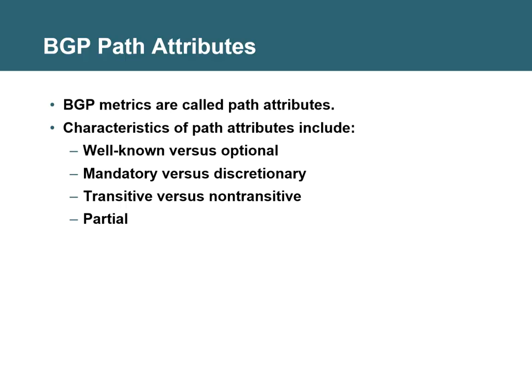Non-transitive: not distributed. So attributes come under these different categories. Some come under optional non-transitive, some under optional transitive, some under well-known mandatory, some under well-known discretionary. So we are going to understand what these things are.